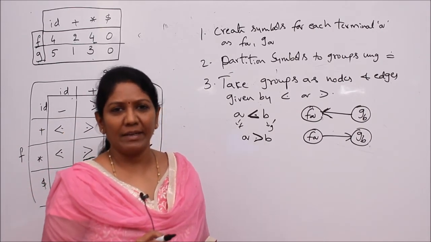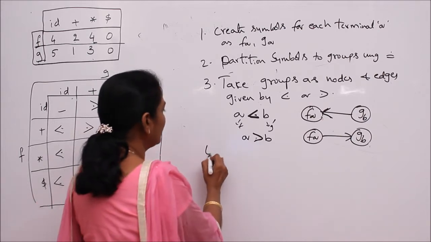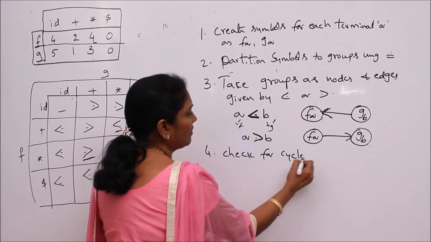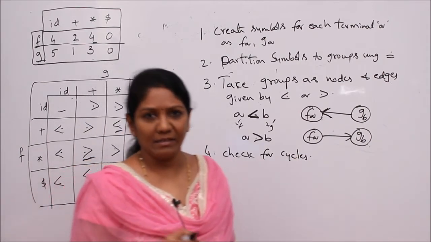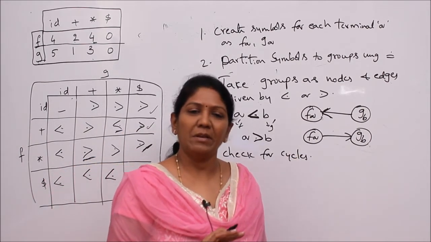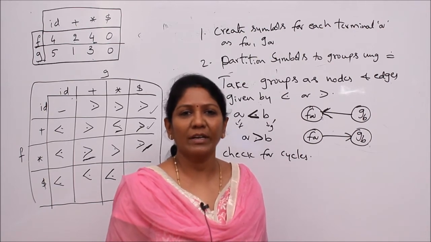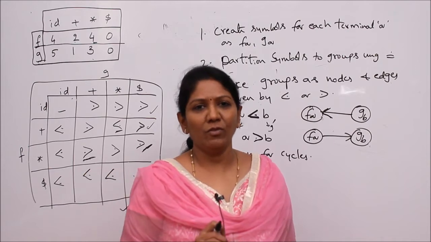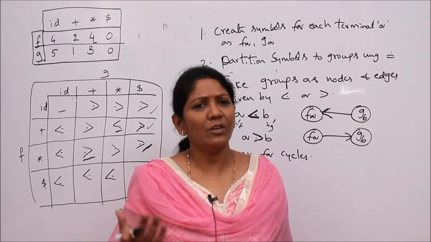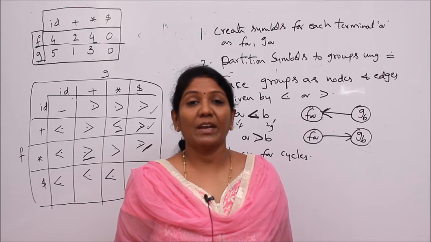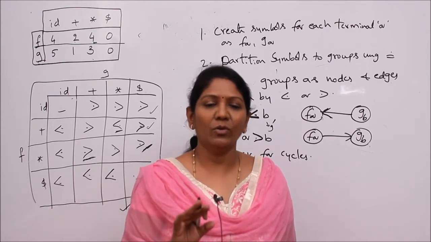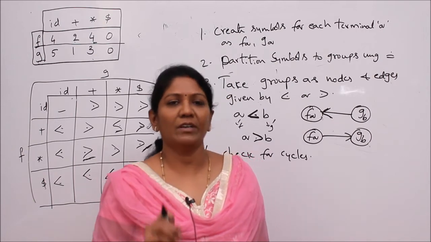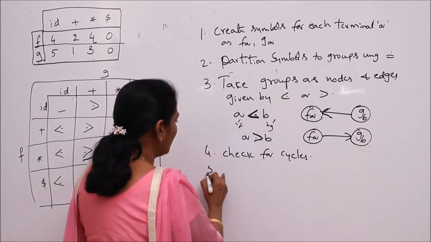So once you complete the digraph, the most important is to check for the cycles. If at all there are any cycles in the digraph, then immediately stop the procedure and conclude that this particular relation table cannot be reduced to a function table. If there are any cycles, you cannot reduce it. If there are no cycles, then only we can reduce this relation table to a function table. So how do we reduce?